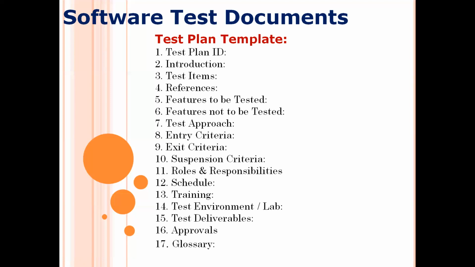Next, approvals. We can approve the process as complete and allow the project to proceed to the next level. Next, last one, glossary of terms. Define terms and acronyms used in the document. It can be used to understand the terms used in this plan.